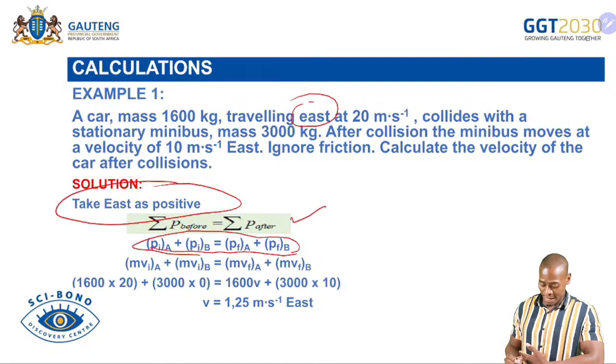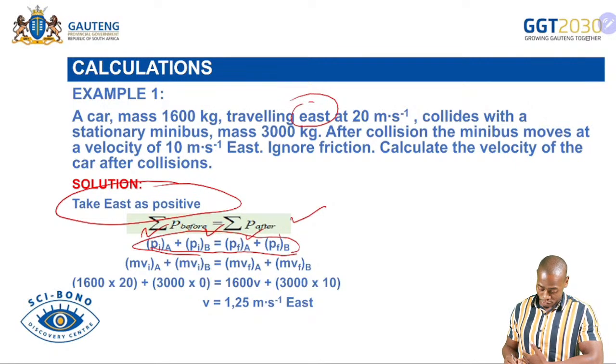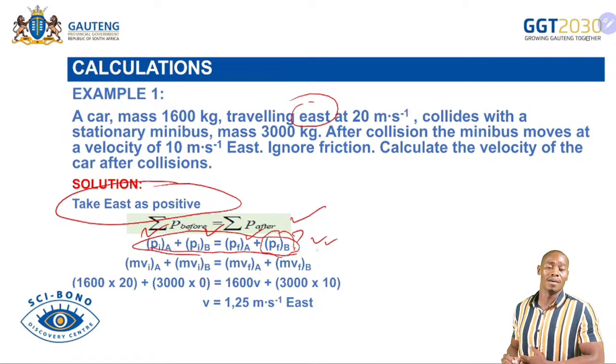In a case where we are given the initial momentum of object A, initial momentum of object B, and final momentum of object A, maybe the question wants you to calculate the final momentum of object B. So there's no need to expand that to mv initial for A plus mv initial for B. So sometimes in other questions, you'll be given the momentum.